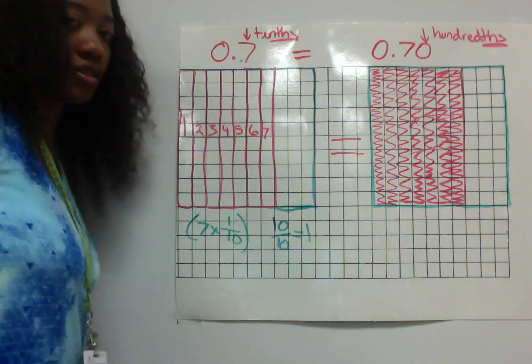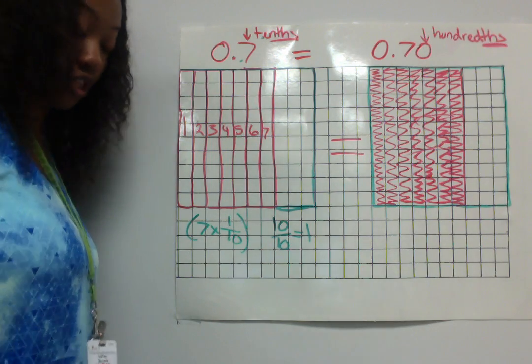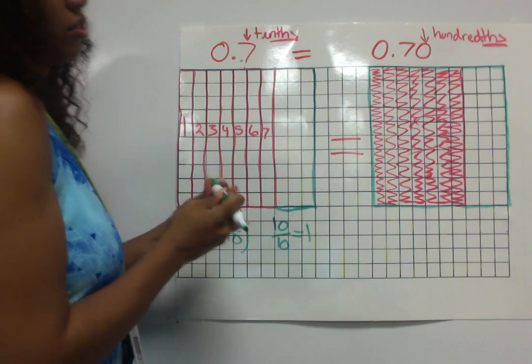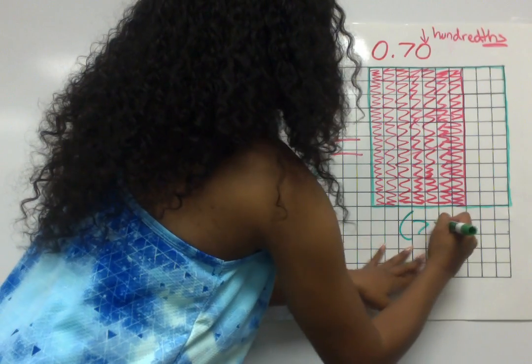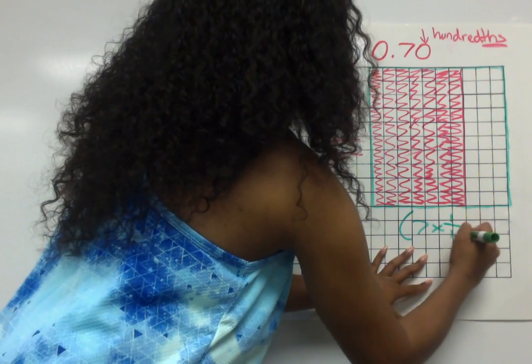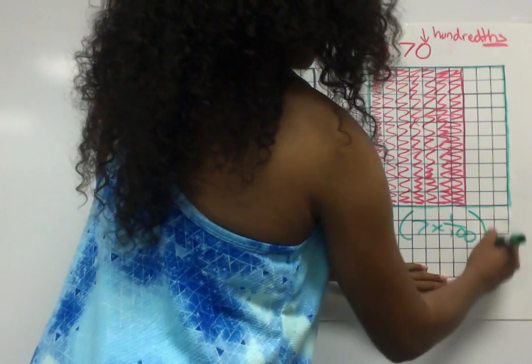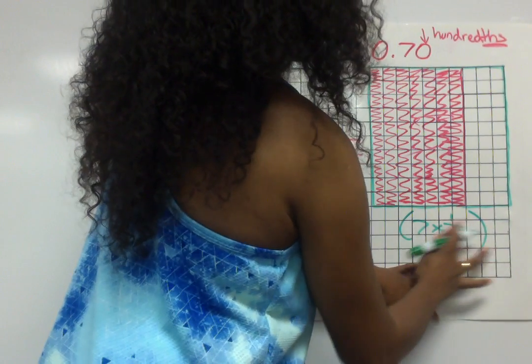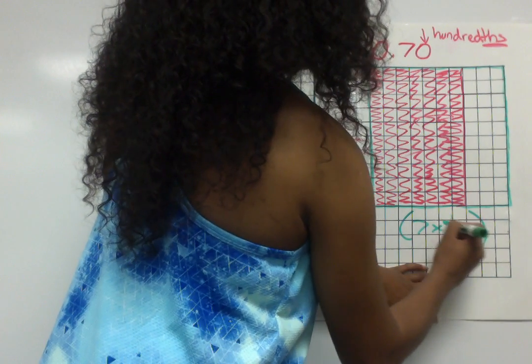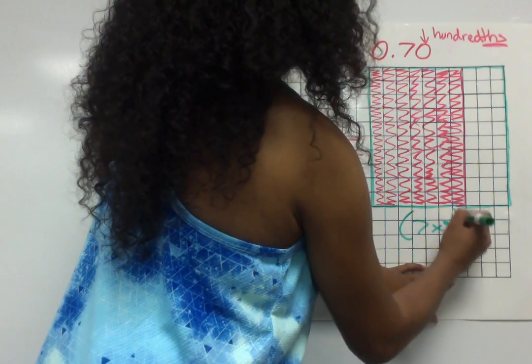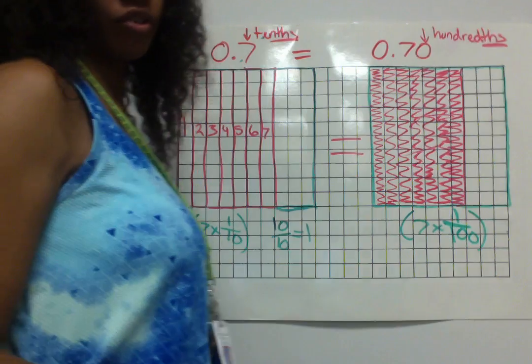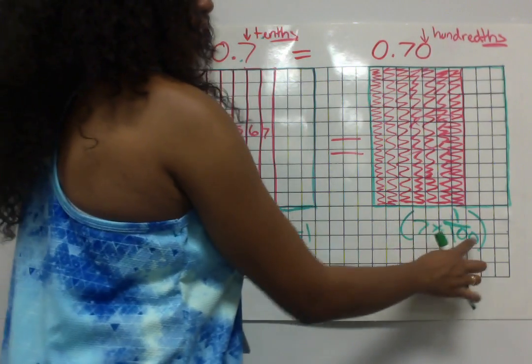If I were to write this in expanded notation, or in notation, this is 7 times 1 out of 100. It's a little crooked. 100. 7 times 1 out of 100. 1/100th.